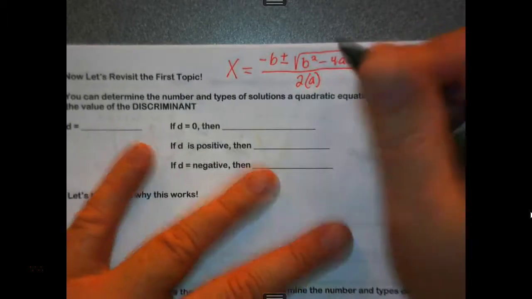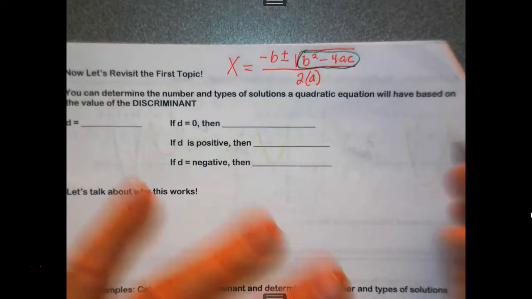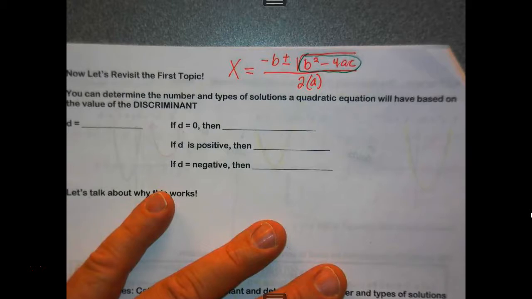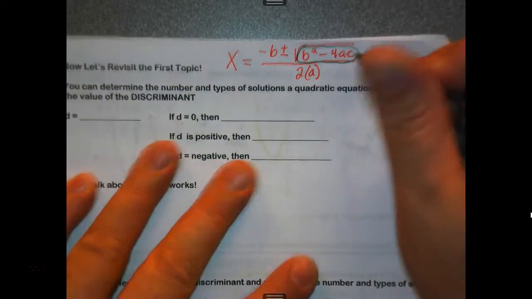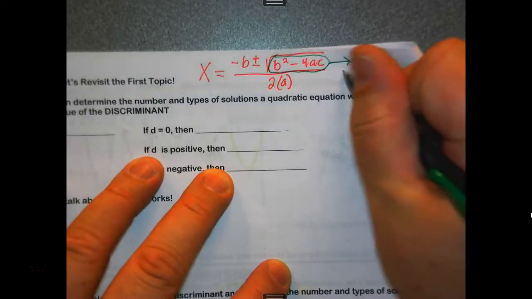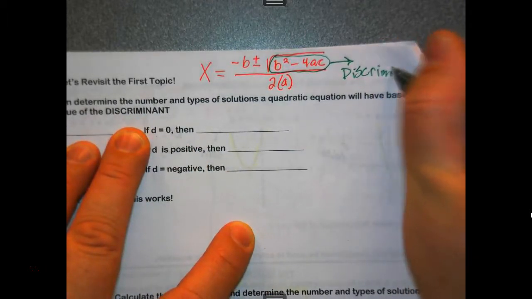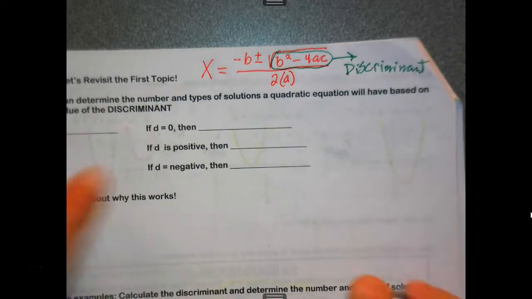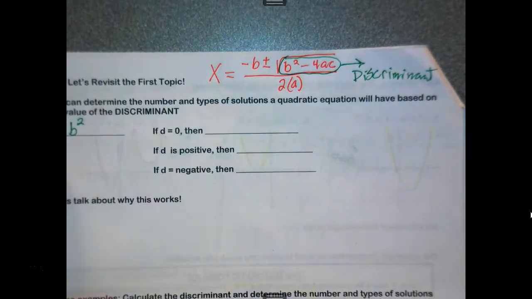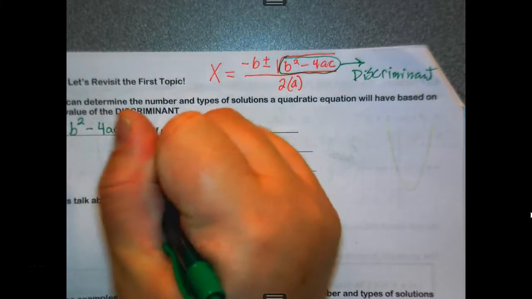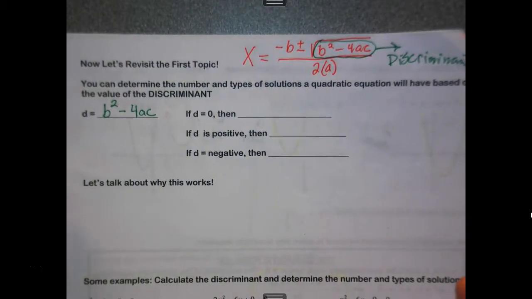This little thing in here, this b squared minus 4ac, that is what we call the discriminant. So I guess I'm supposed to put that here. B squared minus 4ac.